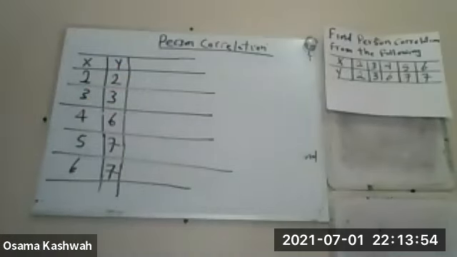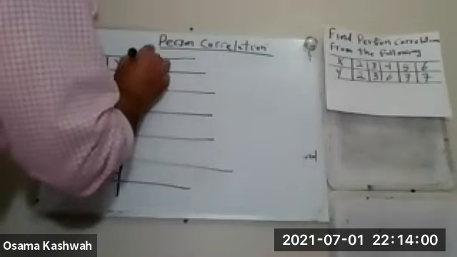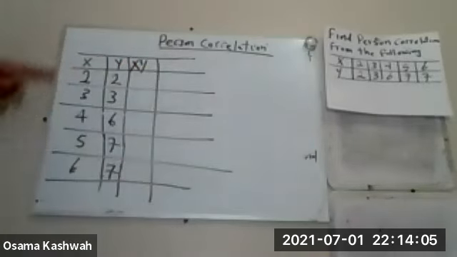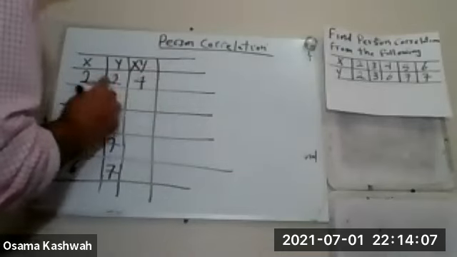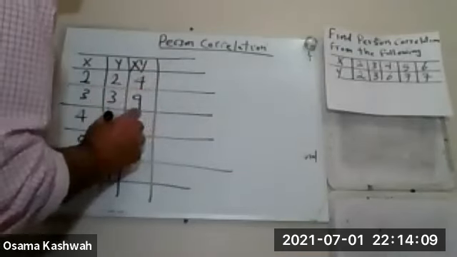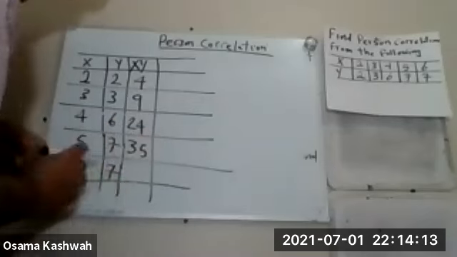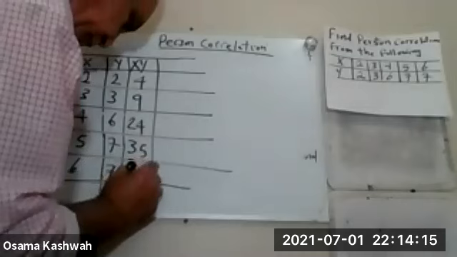Perfect. Then we will get a new column that we call xy. Simply, we multiply x by y. 2 times 2 gives 4. 3 times 3 gives 9. 4 times 6 is 24. 5 times 7 is 35. 6 times 7 is 42.